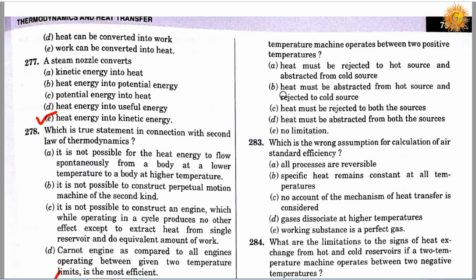Option B, heat must be abstracted from hot source and rejected to cold source. Option C, heat must be rejected to both the sources. Option D, heat must be abstracted from both the sources. Option E, no limitation. So correct answer is B.